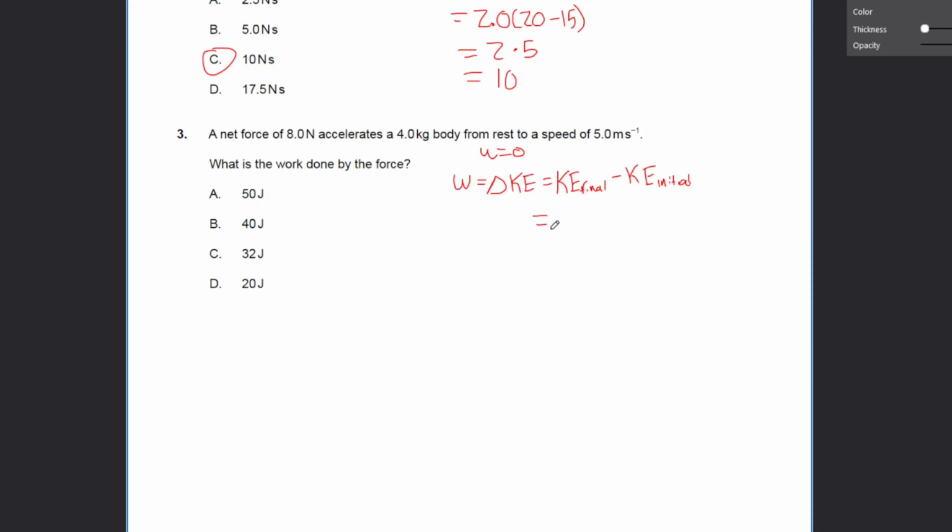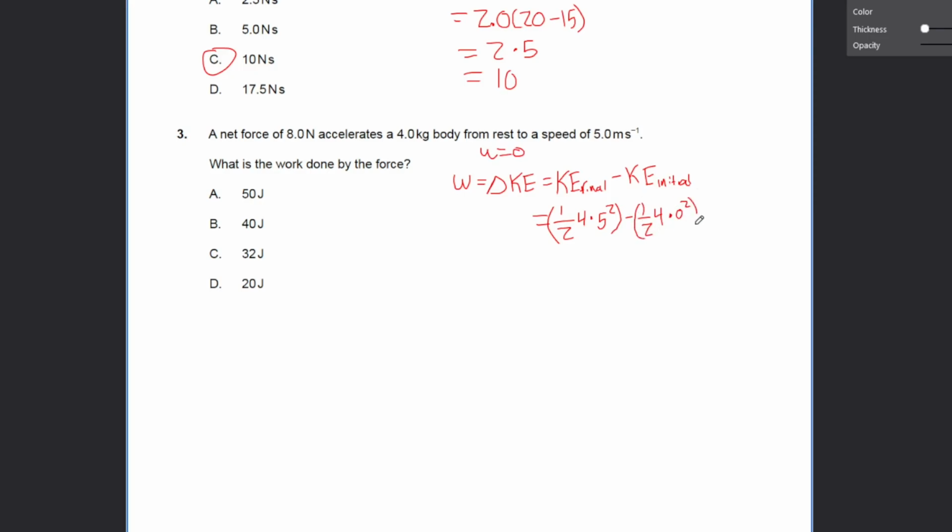So what is kinetic energy final? Well, kinetic energy is 1/2 mv squared. Our mass is 4 kilograms. And our final velocity is 5 meters per second. So we have 1/2 times 4 times 5 squared minus, again, 1/2 times 4, but this time we used our initial velocity, which was 0, so 0 squared.